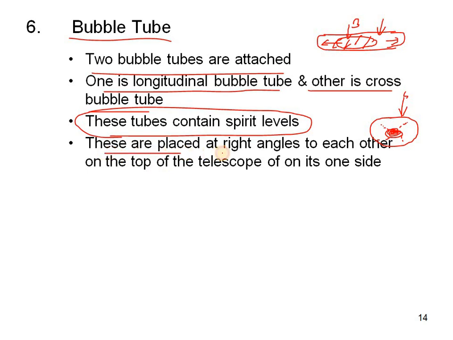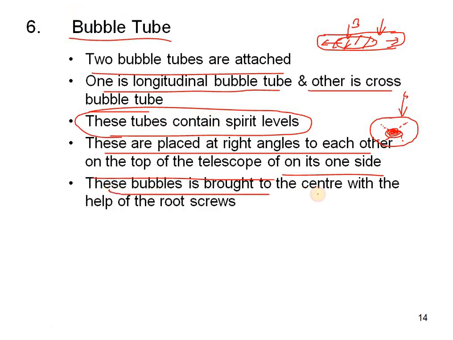These are placed at right angles to each other, one on top of the telescope and the other on the adjacent side of the telescope on the dumpy level. These are known as bubble tubes. The bubbles are brought to the center with the help of foot screws. This is not a root, this is F. With the help of foot screws only, this bubble will be moving.